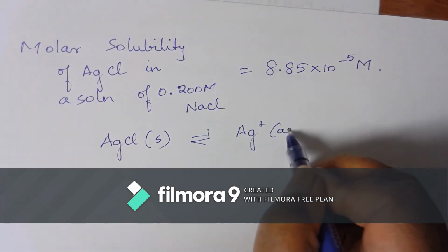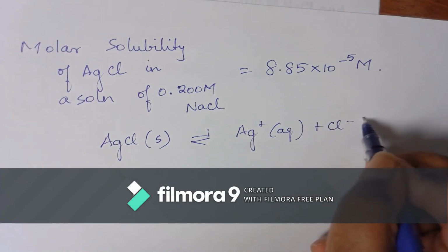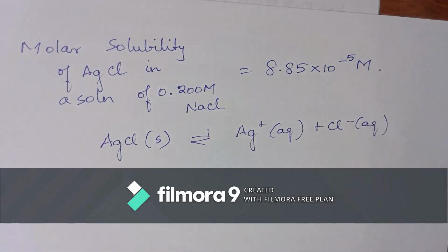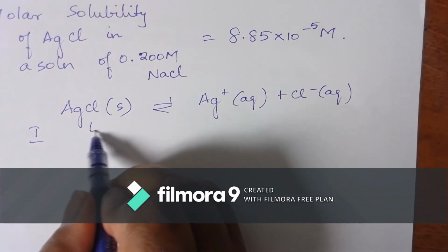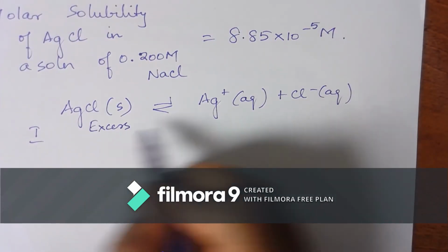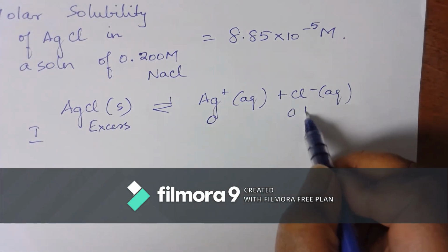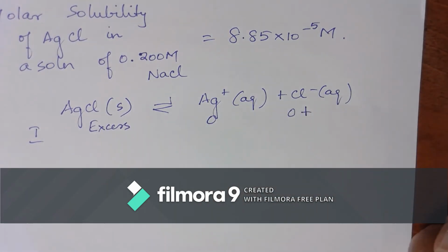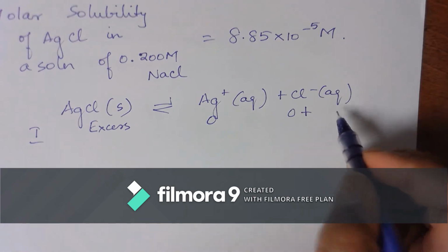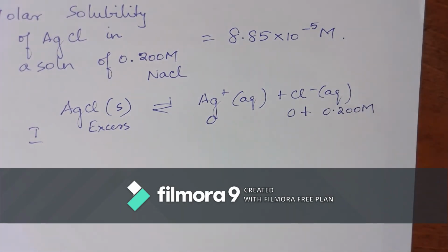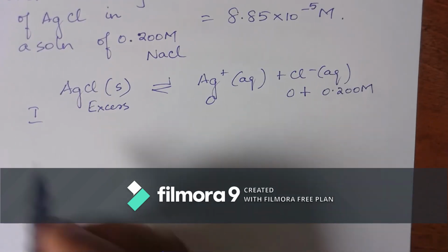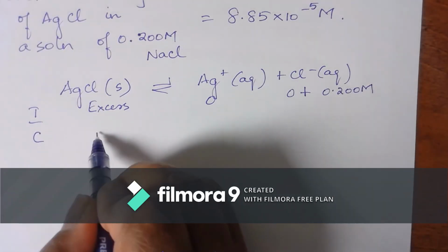So you can understand, I'm just going to give you the initial values. This is excess. 0. This is 0 plus. Okay. We have the common ion, 0.200 molar. And then you did the change, minus x.